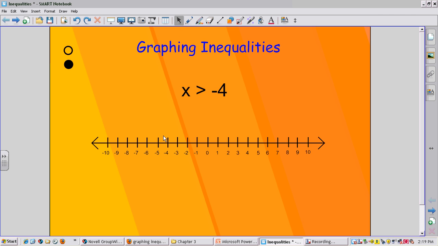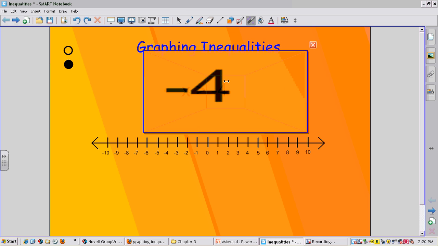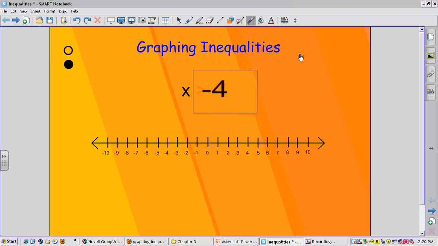So we find -4 in our graph, and you really don't need to build the number line this large. What I would suggest is to make a number line of about 5 numbers total, and put this number right in the center of your graph, with 2 numbers to its left and 2 numbers to its right.